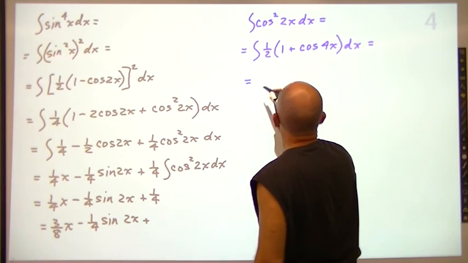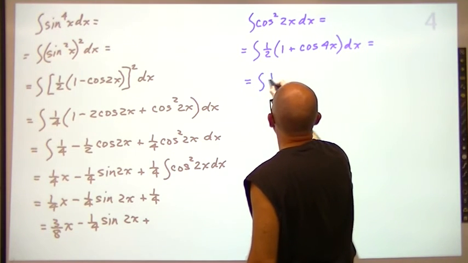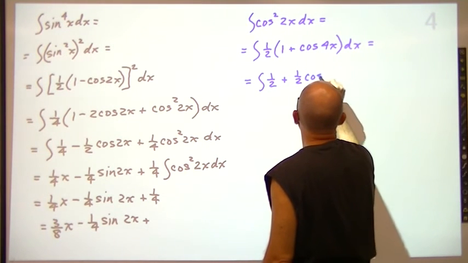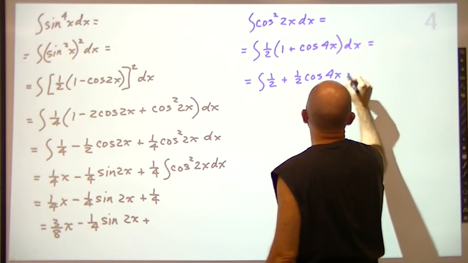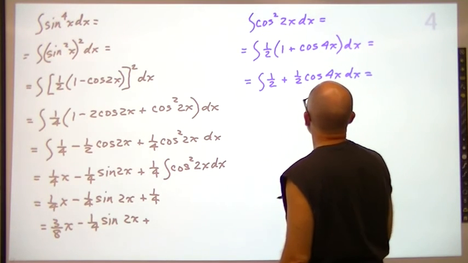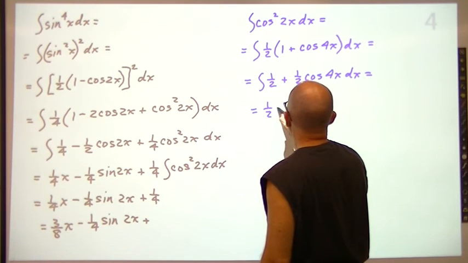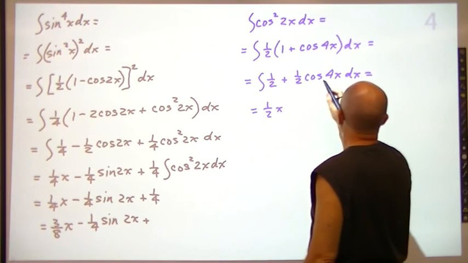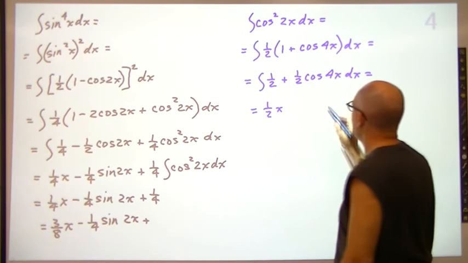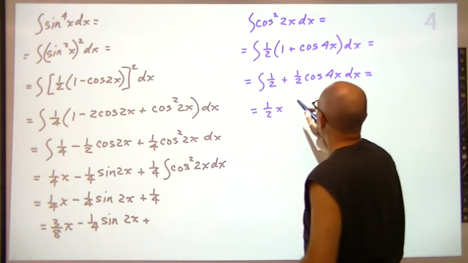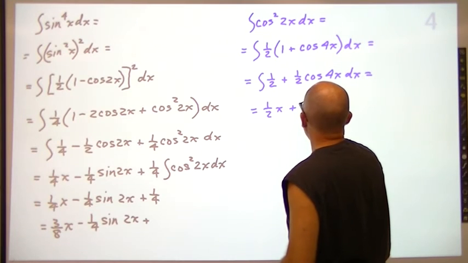Okay, we've got the integral of cosine squared 2x. So this equals the integral of 1/2 times the quantity 1 plus cosine 2 times 2x. Okay, so there's our half angle identity. Now this becomes the integral of 1/2 plus 1/2 cosine 4x dx. Now, the integral of 1/2 is 1/2 x. The integral of cosine 4x would be sine 4x times 1/4. So 1/4 times a half is 1/8.